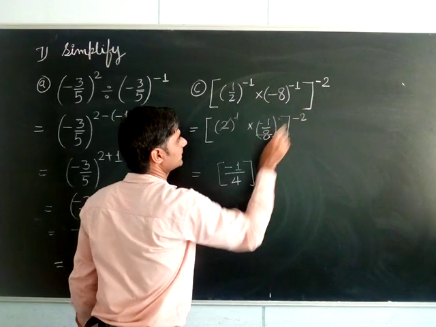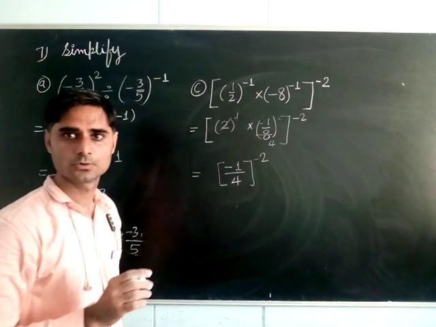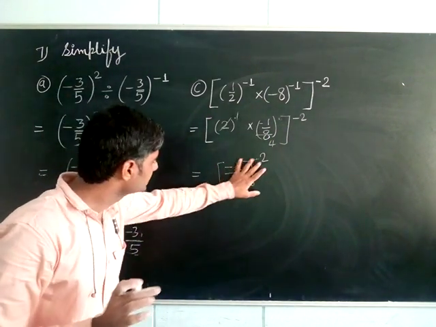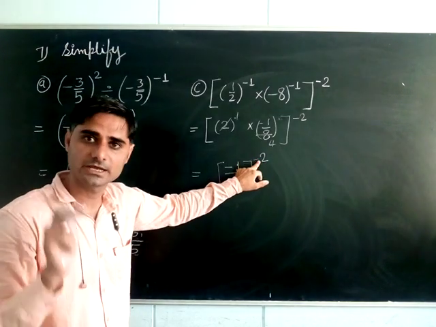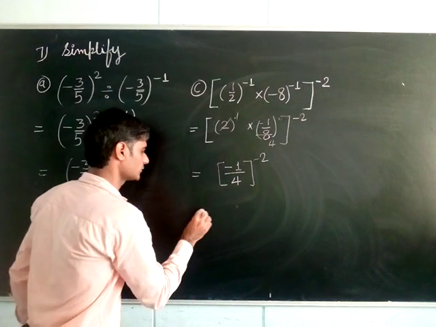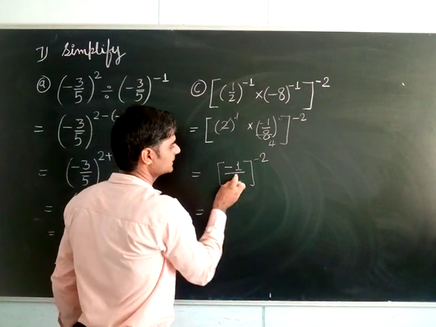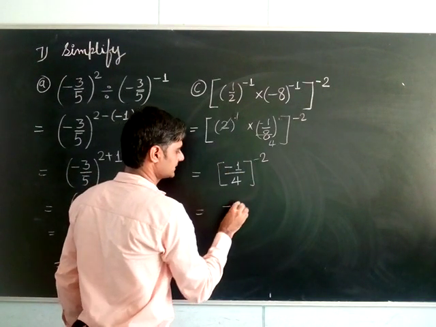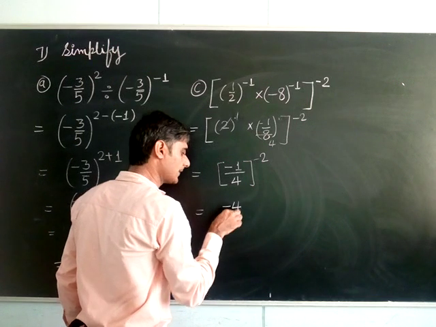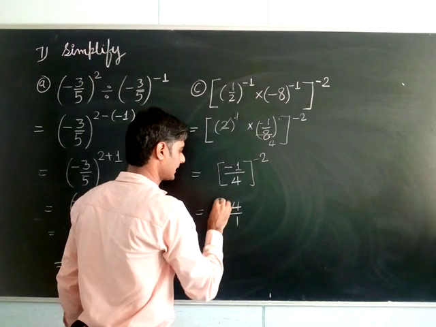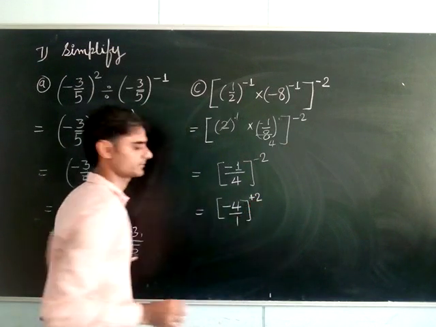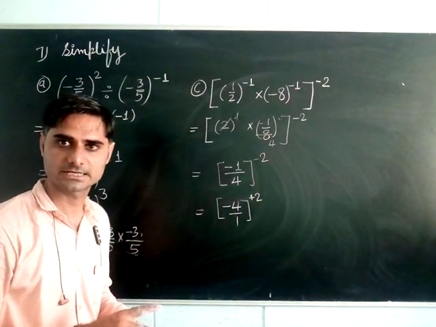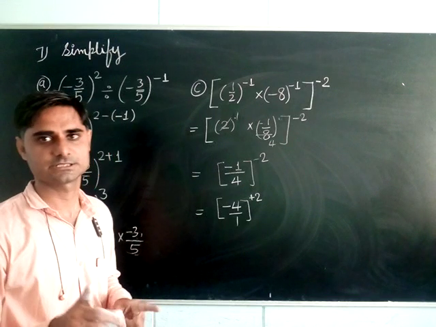And whole power is minus 2. Is it? Now this minus 2 is there. We have to write here a positive exponent. So for the same, what we will do? Just take the reciprocal of the same. This will be minus 4 upon 1, and the power will be plus 2, because we have taken the reciprocal, the sign will change.